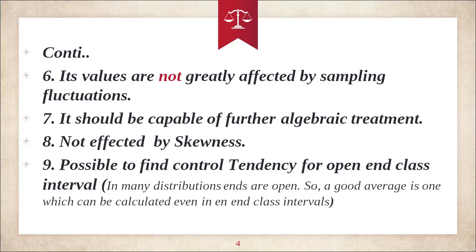So in the odd numbers, or sometimes we will take the even numbers also, during the particular season. If you take such kind of data also, the data should not be greatly affected by sampling fluctuations.